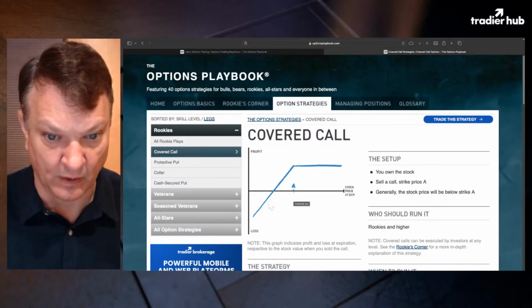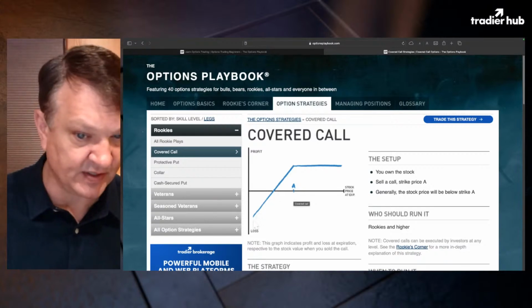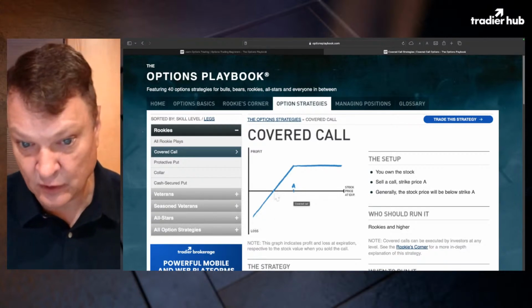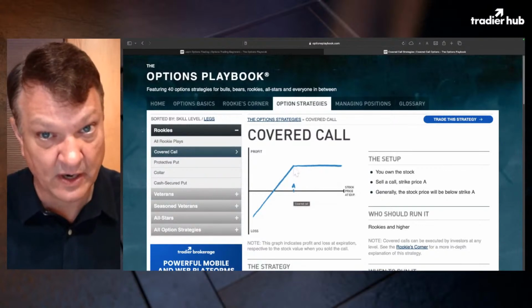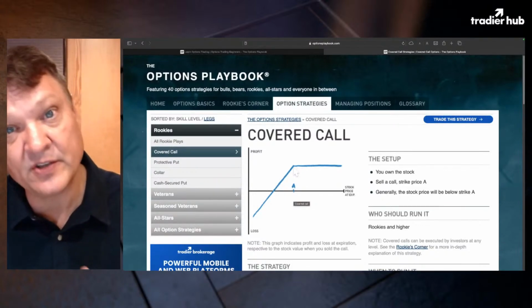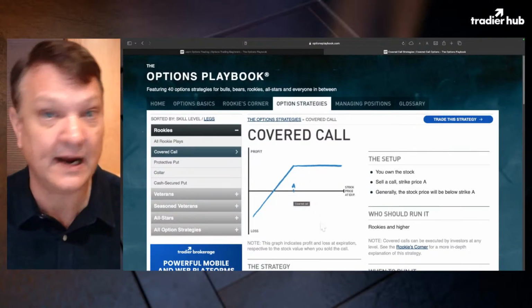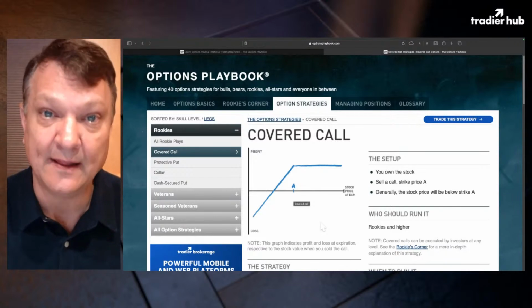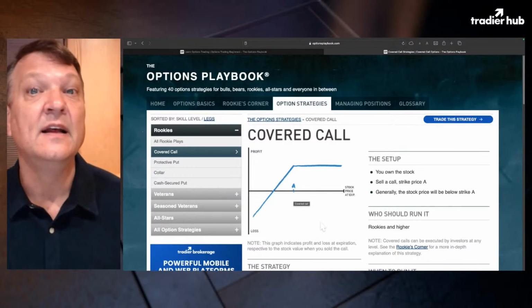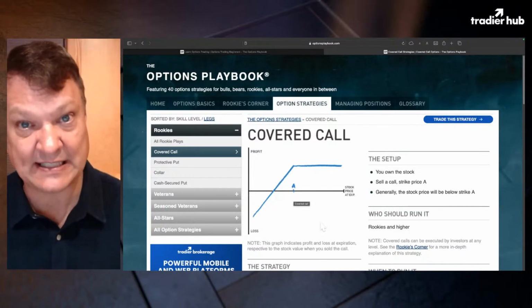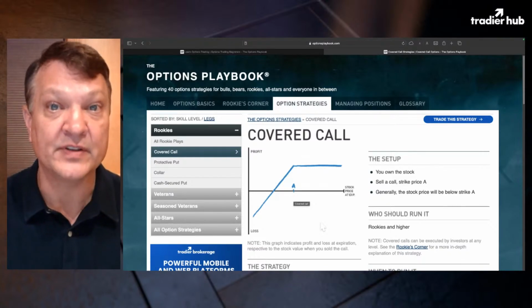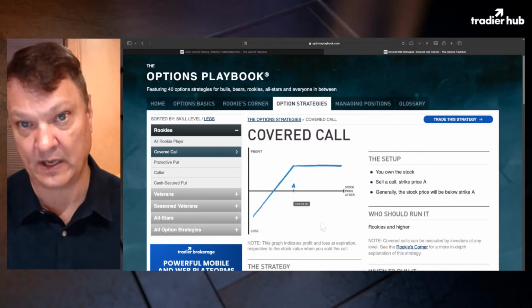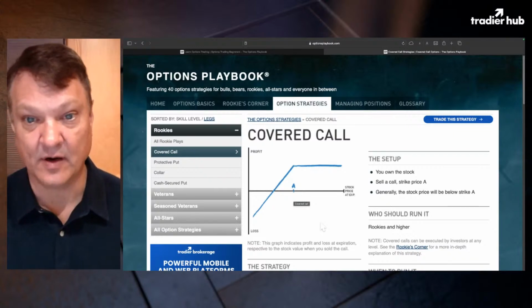It looks like if you own underlying stock, you still have risk to the downside, and you have substantial upside all the way up to the strike price. But then at strike price, you're going to just be selling the stock higher. Not much different than a limit order saying that you can sell my stock at that price, but I get cash now for saying you can take that stock away later. And that's the covered call strategy.